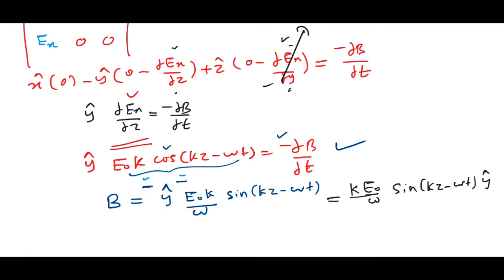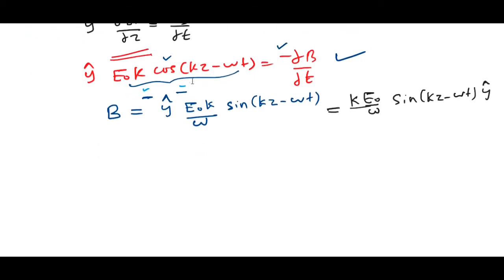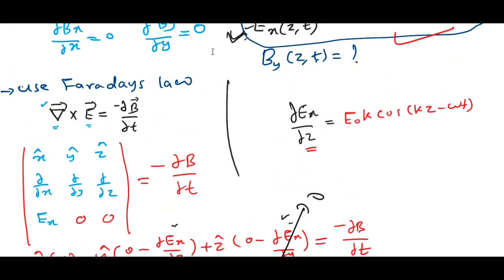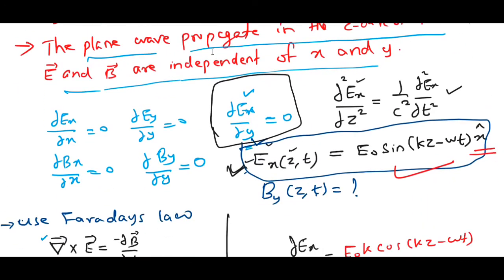See here, this magnetic field B can be written as k E0 by ω, this is a small k, sin(kz − ωt) ŷ. As we expected, the magnetic field should be along the y direction. We expected here that the electric field is along the x direction.